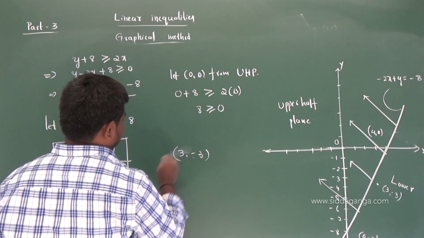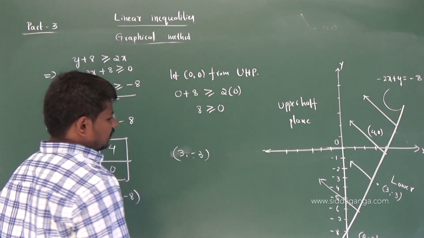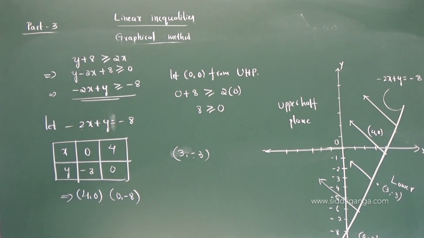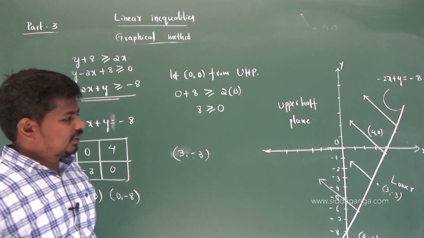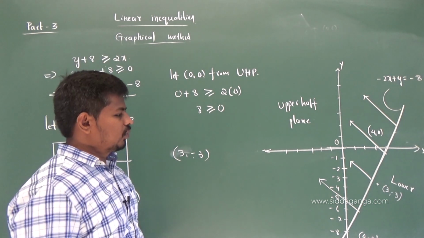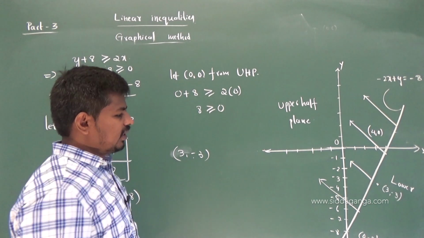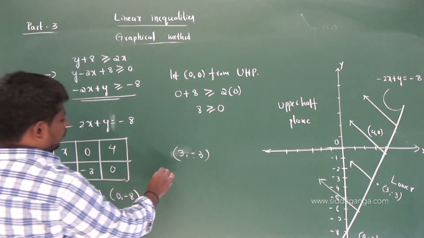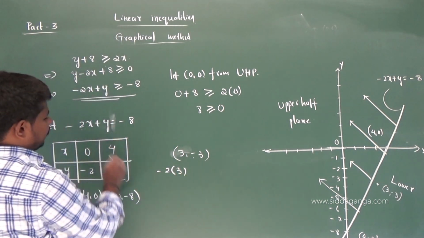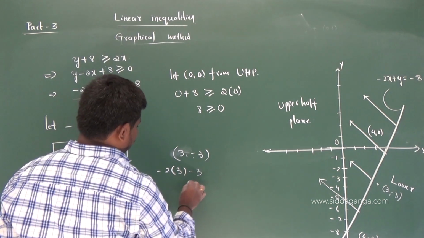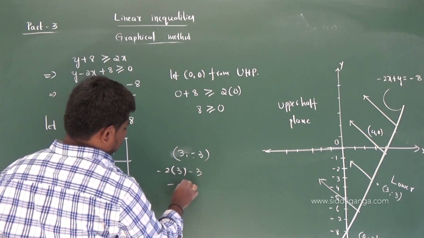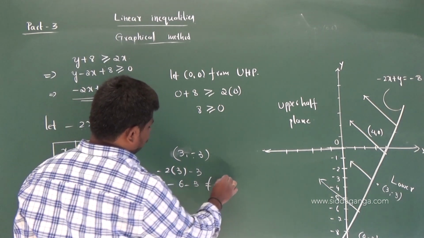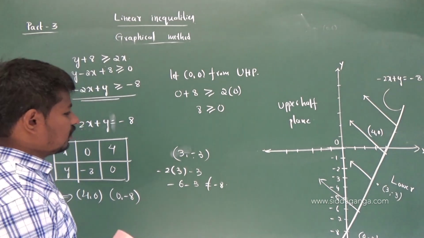Let us check whether this point comes on the line or not, because this graph is not using the scale. Substitute in the line: minus 2 into 3 is minus 6, minus 3, that becomes minus 9. So minus 9 is not equal to minus 8, so 3 comma minus 3 is not on the line.